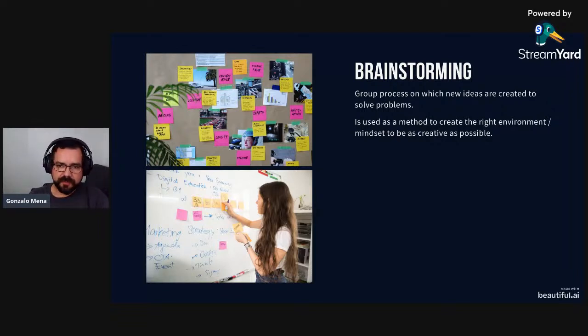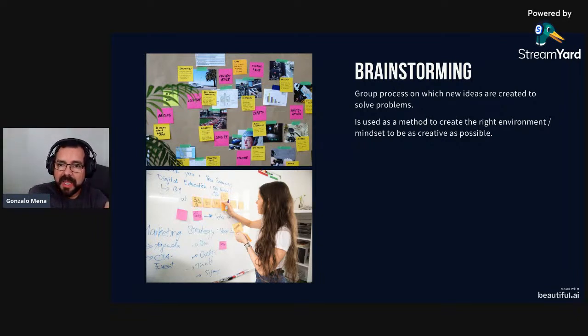So the first part of this is that it's a group process. I know that a lot of you, especially in these COVID times, are working alone. And can you do this alone? Yes, you can. Ideally, you're going to do this at least with one other person, because it's easier to get new ideas when you get inspiration from new people.